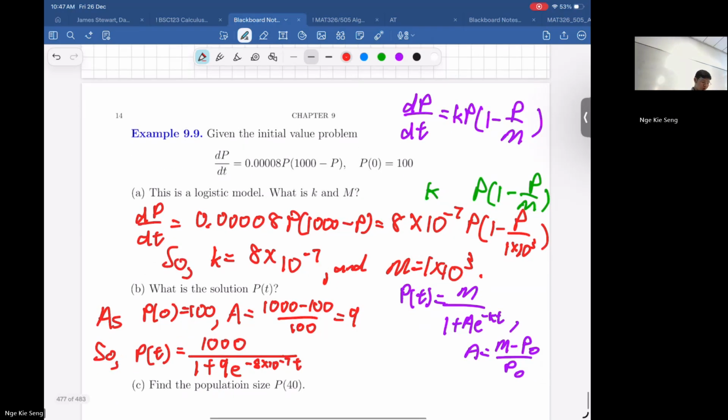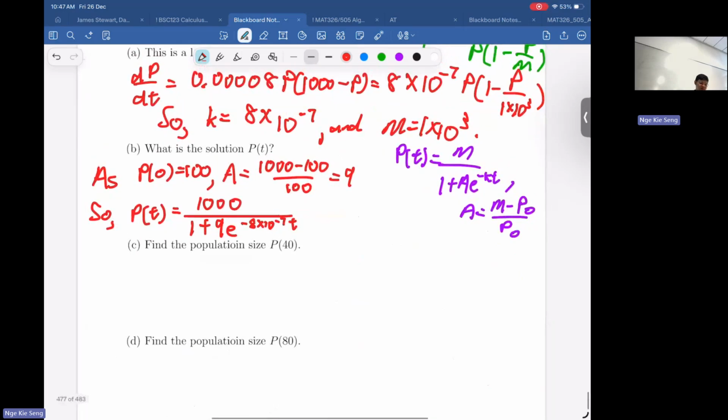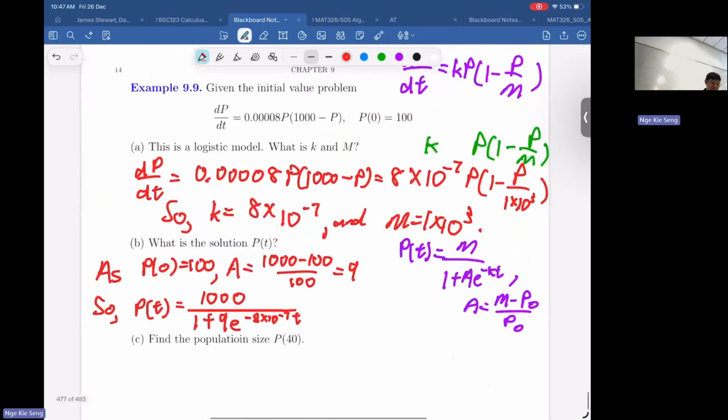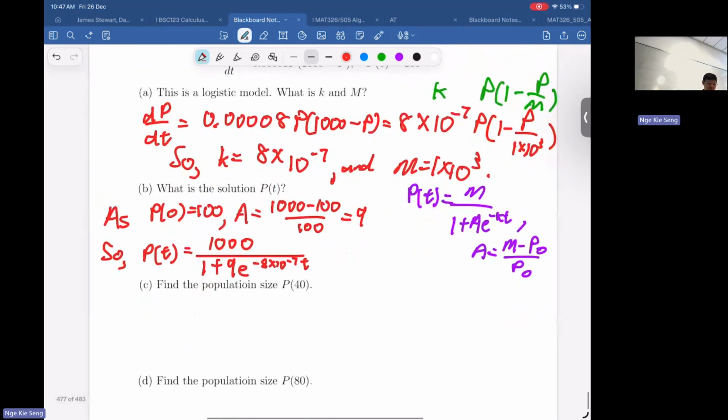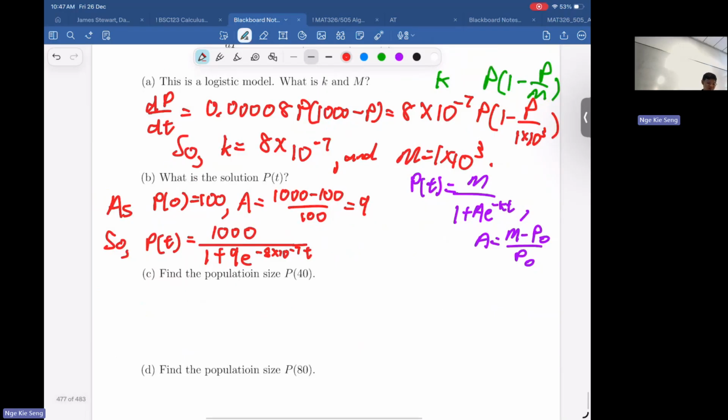All right, so then you want to find what is P40. Maybe t is years, maybe after 40 years, or 40 hours, or 40 months. It depends on what ecosystem you are trying to model. Maybe trees need 1,000 years, chickens maybe need months.